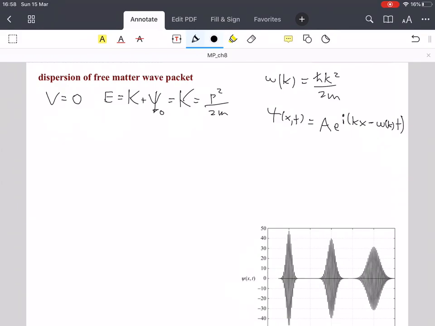So as we had before, the total energy is equal to h bar omega, and in that case, that's also going to be equal to, we just saw above that since V is 0, this is now equal to p squared over 2m, and again this is for a free wave packet.